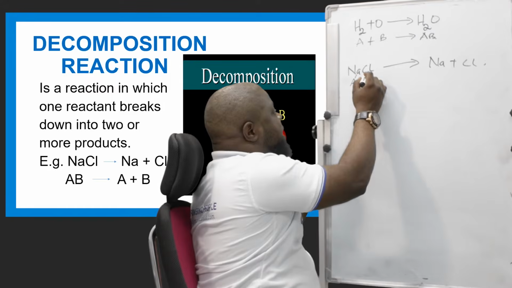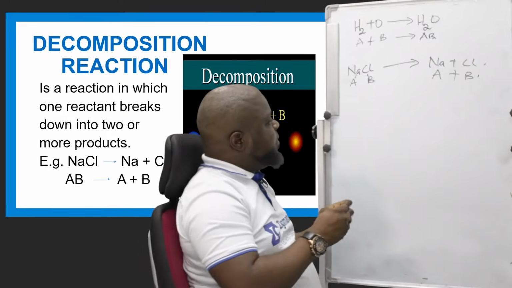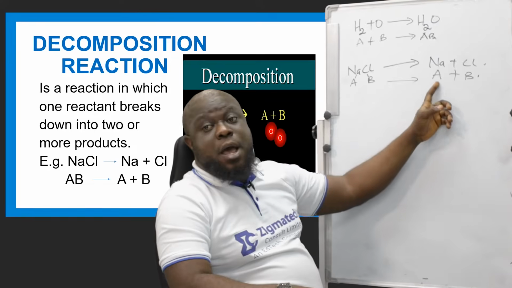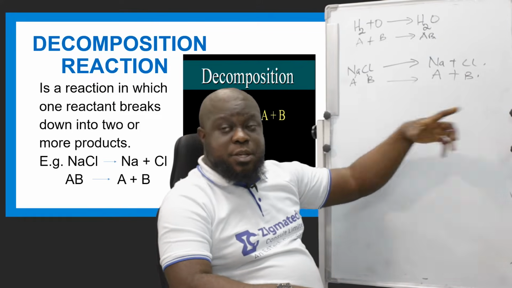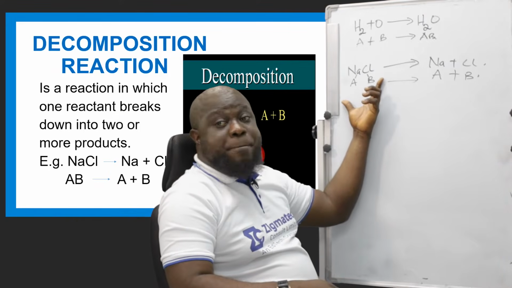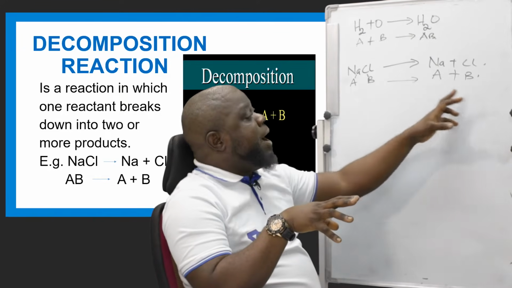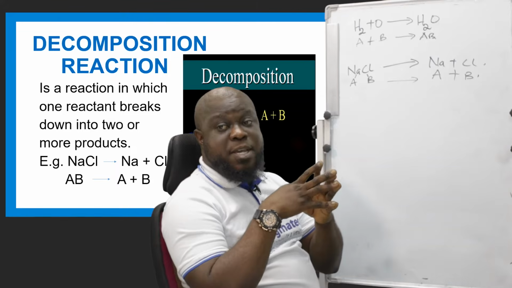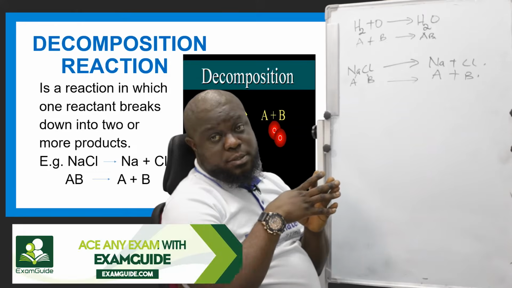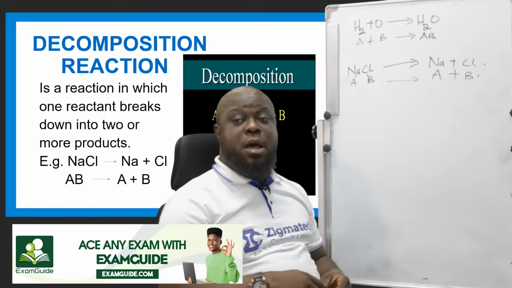The sodium is A, the chlorine is B, and it gives you A plus B. It has been decomposed and broken into A and B. A plus B is AB. The A there is sodium, the B there is chlorine. Now they broke it back into A and B.